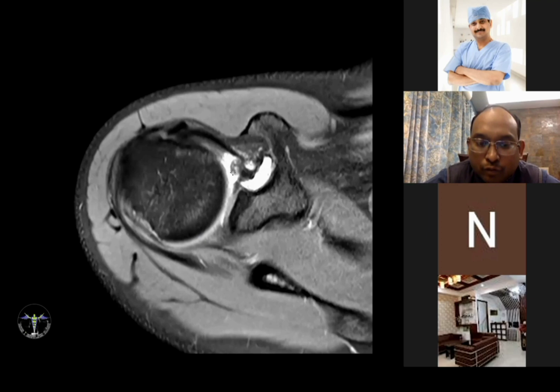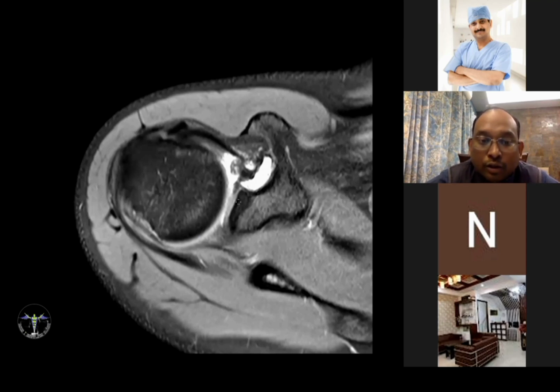In Buford complex, there is a specific location where there will be a defect. The anterior-superior labrum will be deficient, and the rest of the labrum will look absolutely normal. There won't be irregularity of the labrum as we see in a tear. So that defines a Buford complex versus a tear.